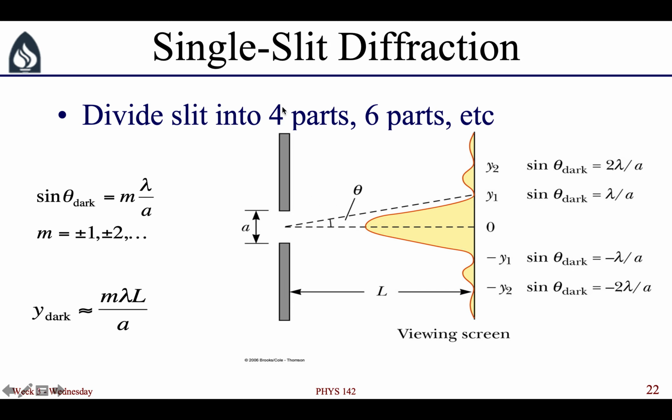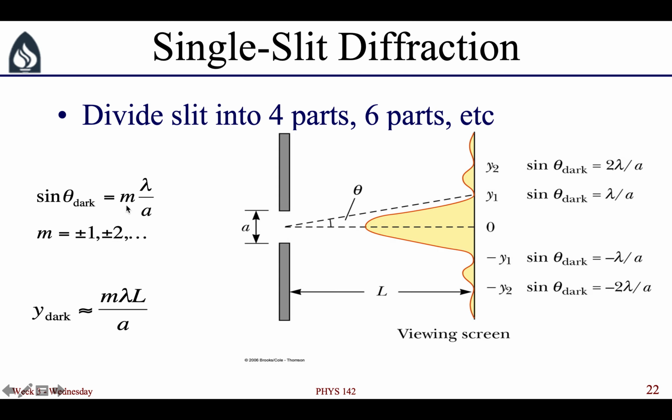So overall, you can predict where the dark regions are going to occur using this expression here. The sine of the angle to a dark region is always equal to some whole number m of lambda, the wavelength, divided by the slit width a. So m is going to be plus or minus 1, plus or minus 2, and so on.